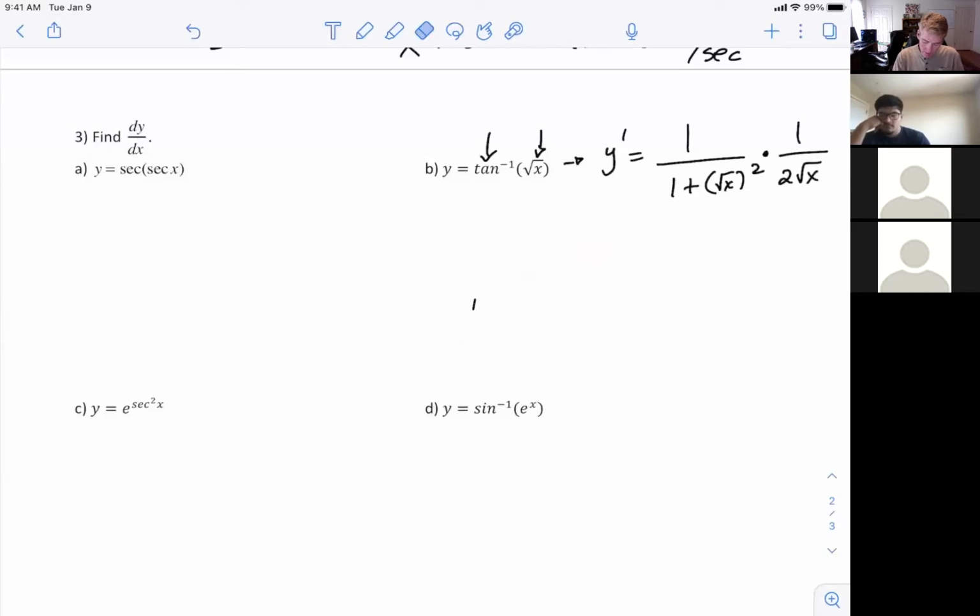And then this one could be simplified a little bit. So right here, when you square the square root, that's just going to be 1 plus x. And then right here, we're multiplying on the bottom by a 2 radical x.